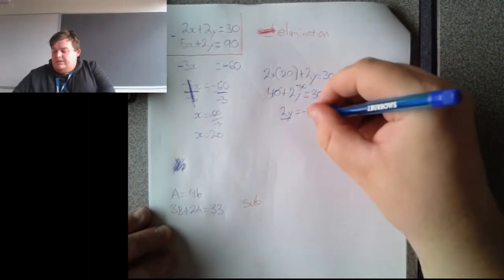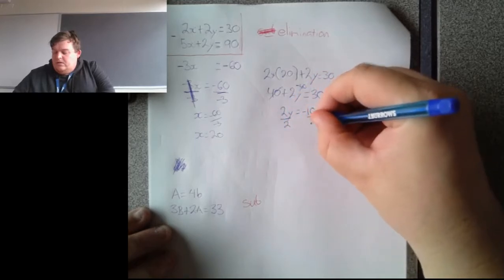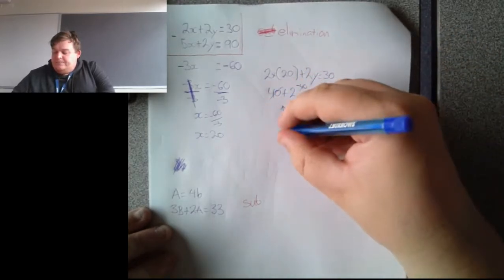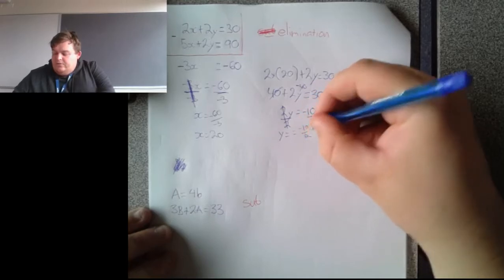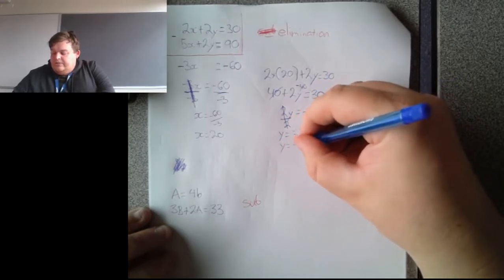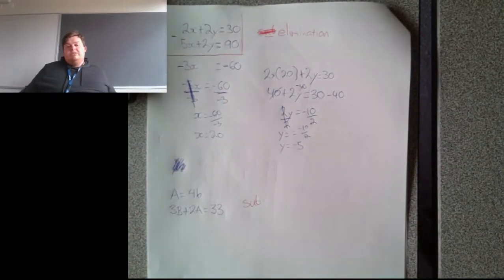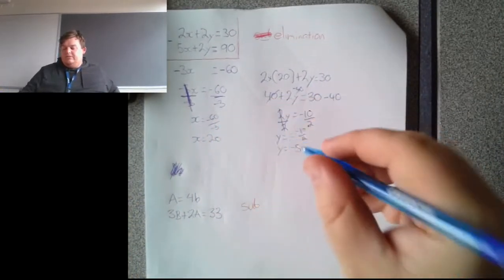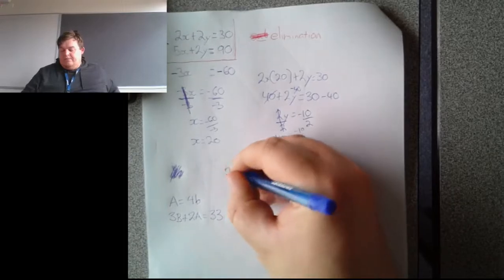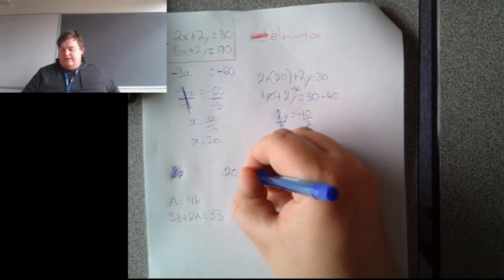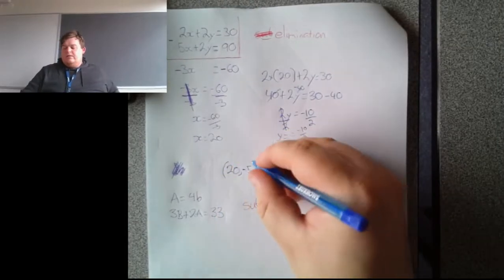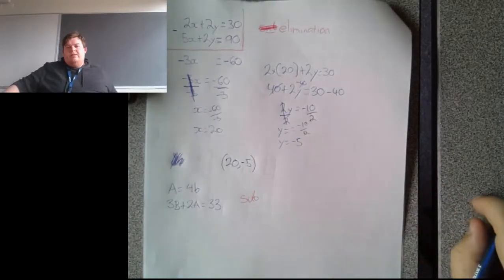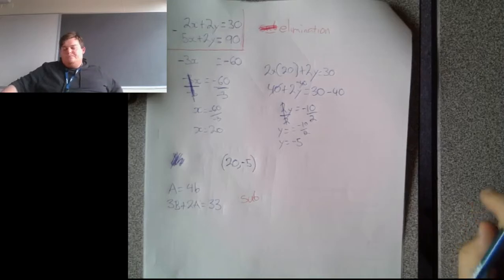Dividing both sides by 2, y equals negative 10 over 2, which means y equals negative 5. So my solution is x equals 20, y equals negative 5, or 20, comma, negative 5, which is the point where these two lines intersect, where they have the same value for x and y.